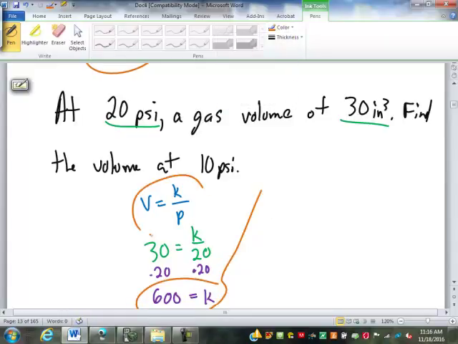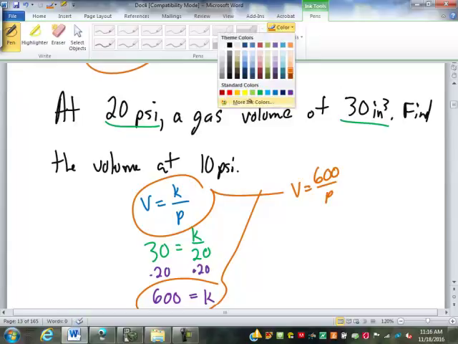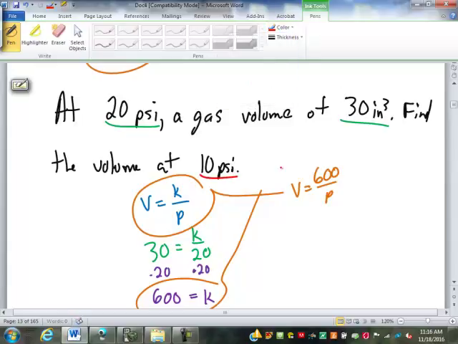We bring that up here. So the volume is equal to 600 divided by the pressure. When we put in 10 psi for the pressure, the volume equals 600 divided by 10. Well, 600 divided by 10 is 60. That is 60 cubic inches.